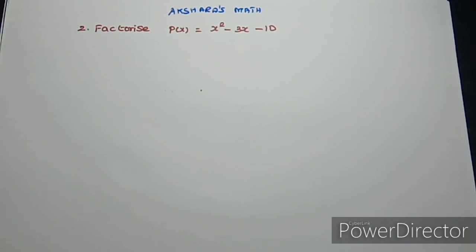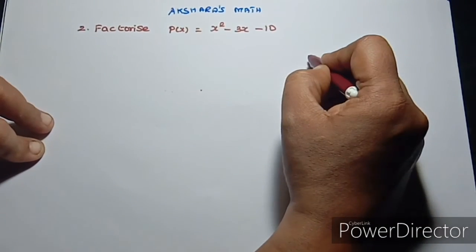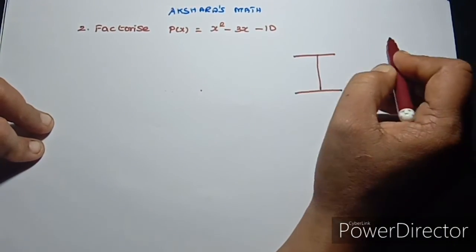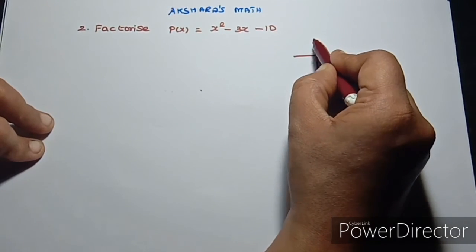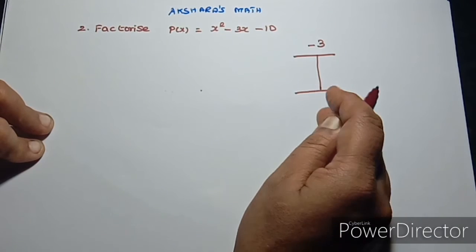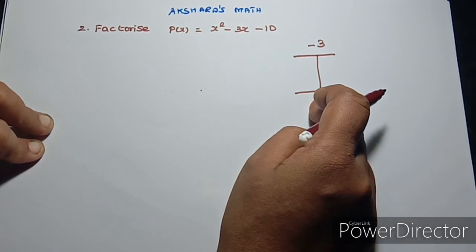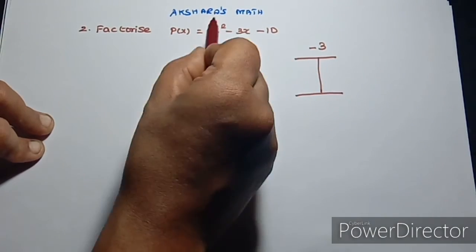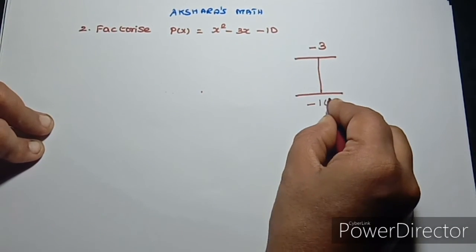Next problem: factorize p of x is equal to x square minus 3x minus 10. Just remember the steps we have done. First we have to put an eye. Now here the coefficient of x, which is minus 3, and in the bottom portion I will write the constant into the coefficient of x square, which is minus 10 into 1, minus 10.